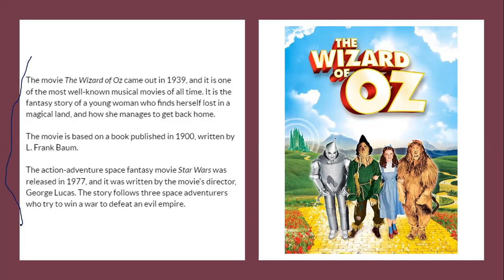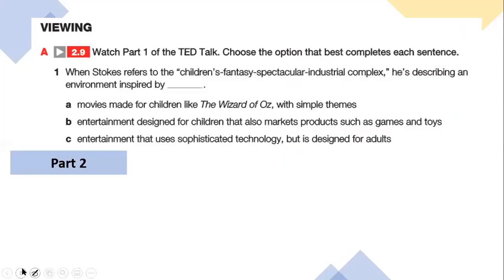Okay. So these are some of the movies that you're going to listen to: The Wizard of Oz, which is this one, and Star Wars, because he's going to be talking about them. Now, to continue, we're going to divide the first activity into parts.